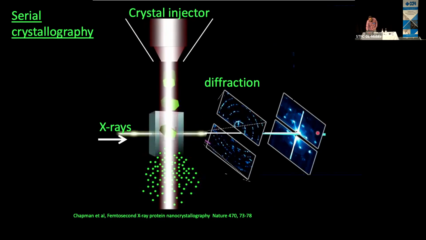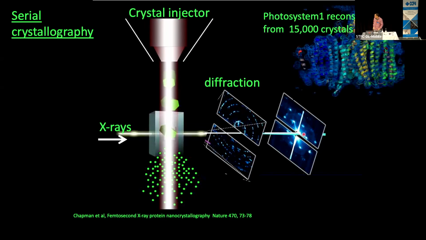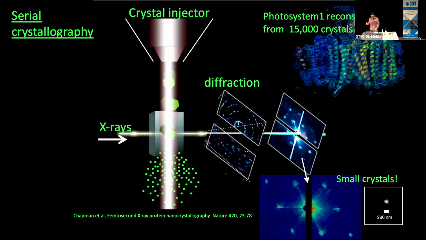The back detector is looking at kind of low resolution scattering. And so you look at many crystals and you can kind of merge the data from all the crystals. So in this case, 15,000 images were used to form this merged intensity to get the diffraction, the electron density of this photosystem molecule.